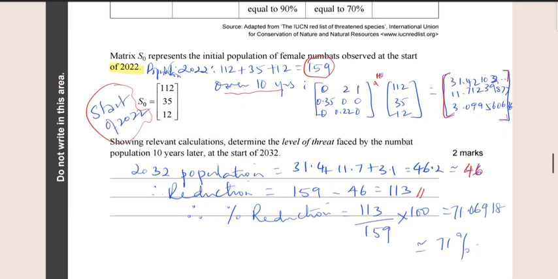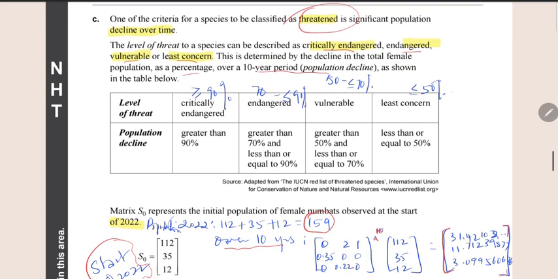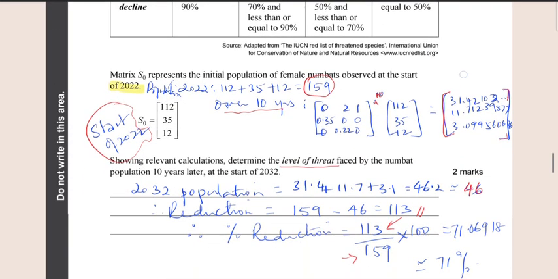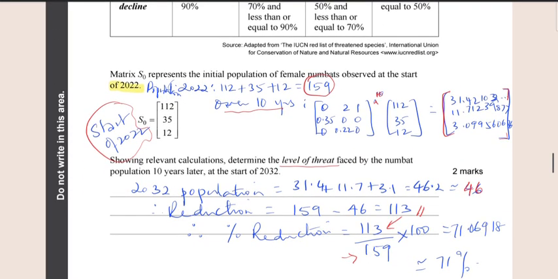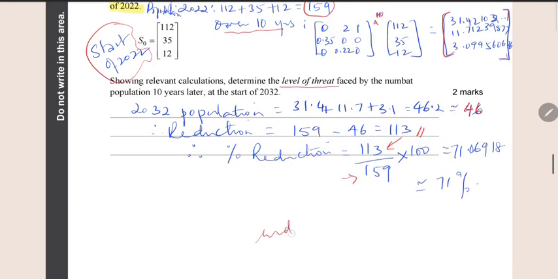The reduction percent is the decline over what it was initially, times 100, which is 71%. So to determine the level of threat faced, if it is 71%, I suppose you can look at it as endangered. That would be the answer.